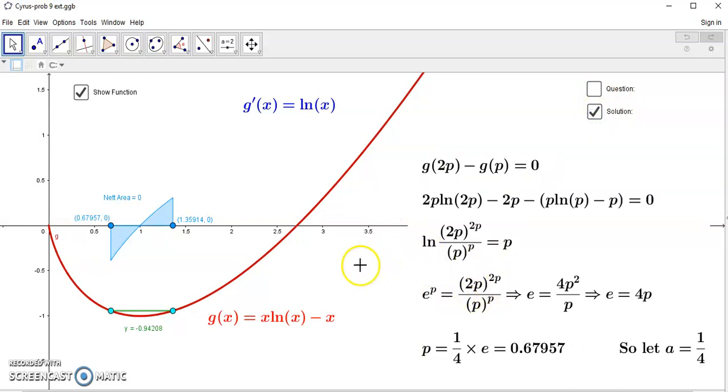And then, of course, if this function is g prime of x, which is equal to log x, then its primitive is x times log x minus x. It's just the integration of this function to find the definite integral. Well, not the definite integral, but the integral or the primitive function. Okay. So now the definite integral is given by this expression. Now, we substitute 2p in place of the x's, right?